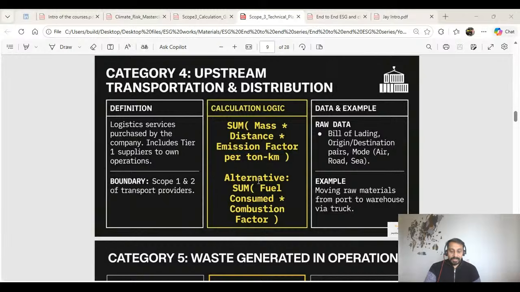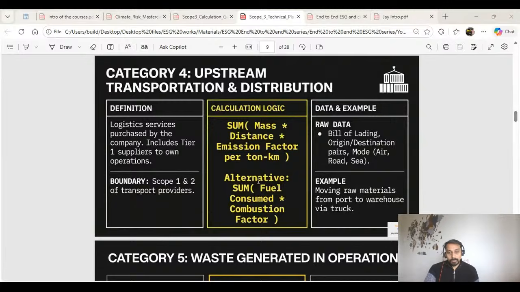The key challenge here is fragmented logistics data across the various suppliers. You might not get the exact fuel consumed by the whole logistics chain when you are using third-party upstream transportation and distribution. In that case, you can calculate through mass, distance, and the mode-specific emission factor, and based on that you can calculate category 4.